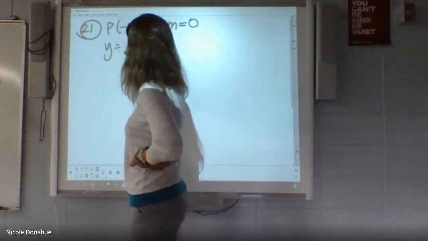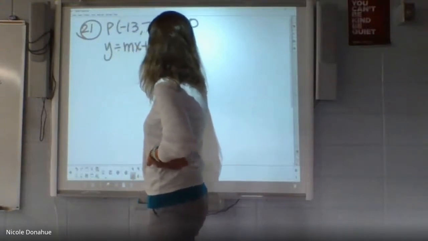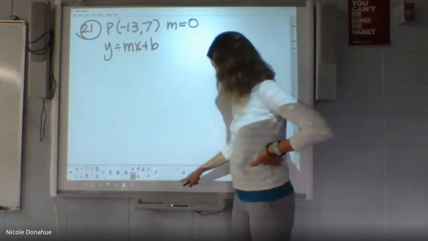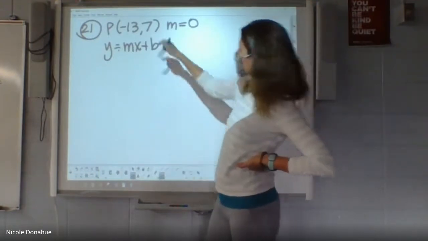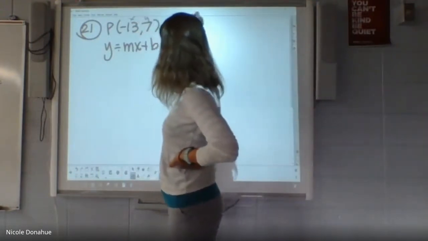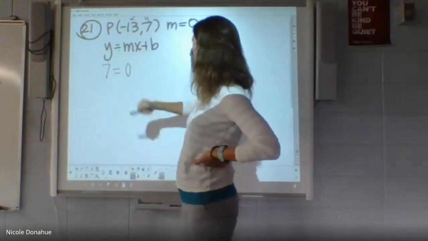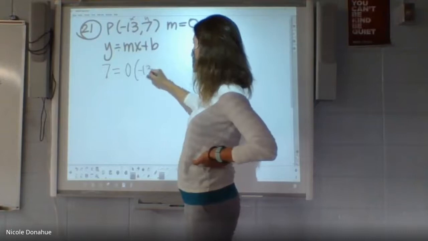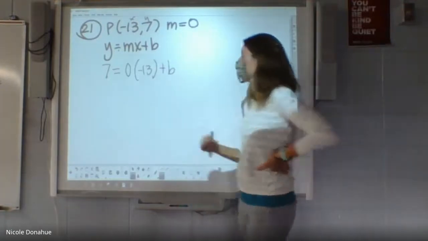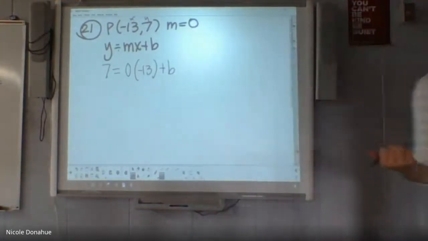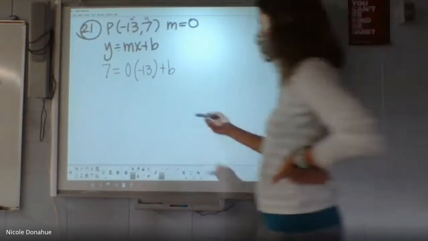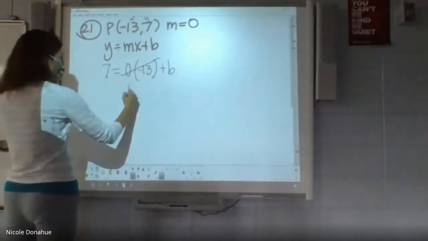So if I put this in, but maybe this will help us think about this a little bit. So if I put, this is my x, y, m. So y, m is 0, x is negative 13 plus b. 0 times negative 13 is just 0. So I find out my b is just 7.